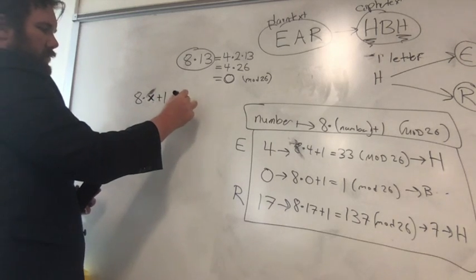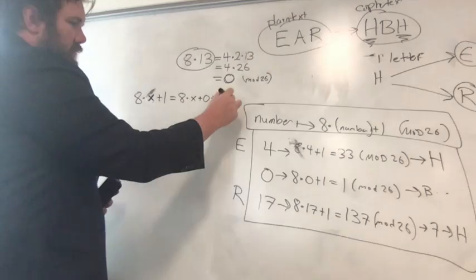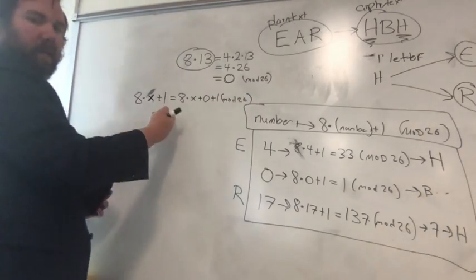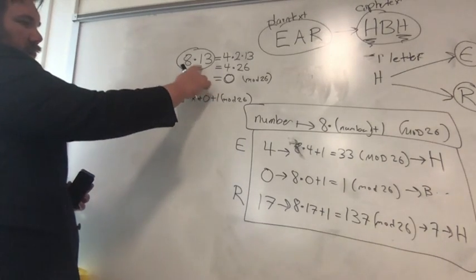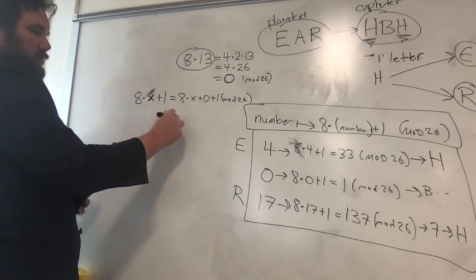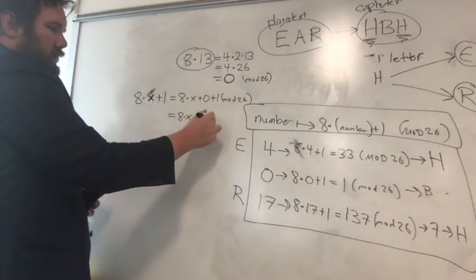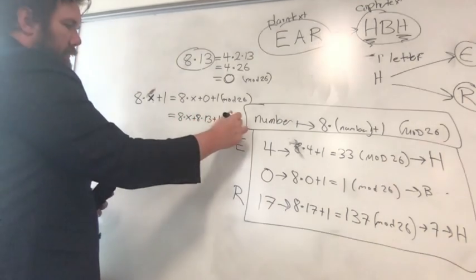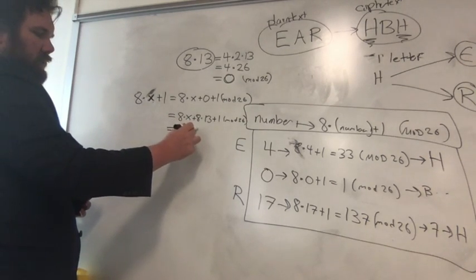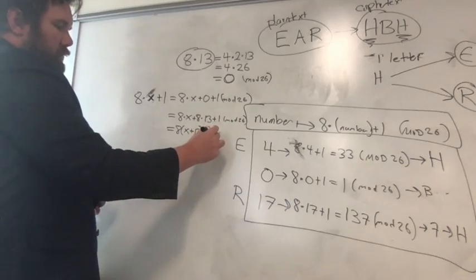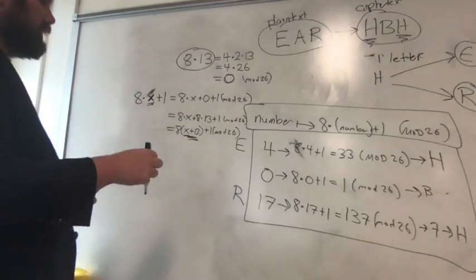Well, this is equal to 8 times x plus 0 plus 1, right? You can always add 0, it doesn't matter. But we said that 8 times 13 was equal to 0, so this is equal to 8 times x plus 8 times 13 plus 1. And then we can factor out this 8, and we get 8 times x plus 13 plus 1. And x plus 13 aren't the same thing.